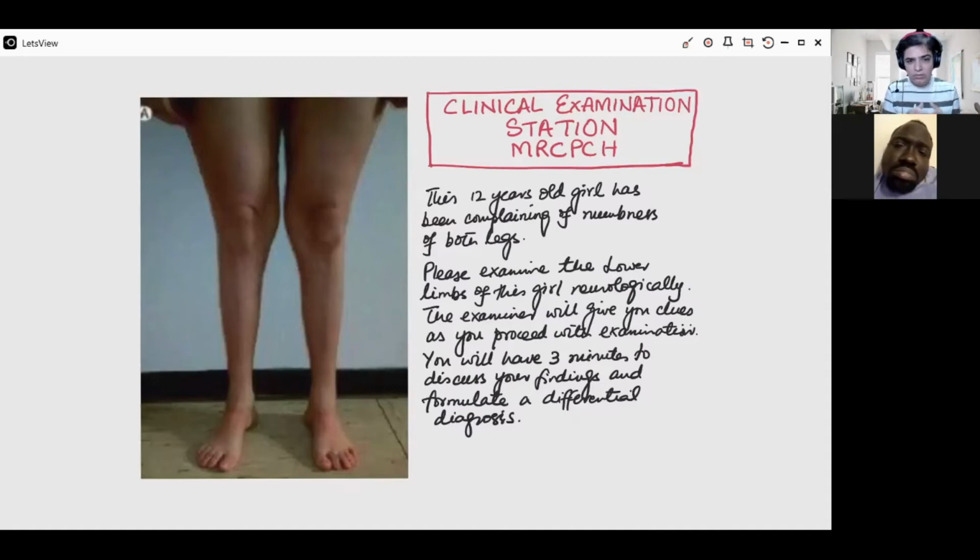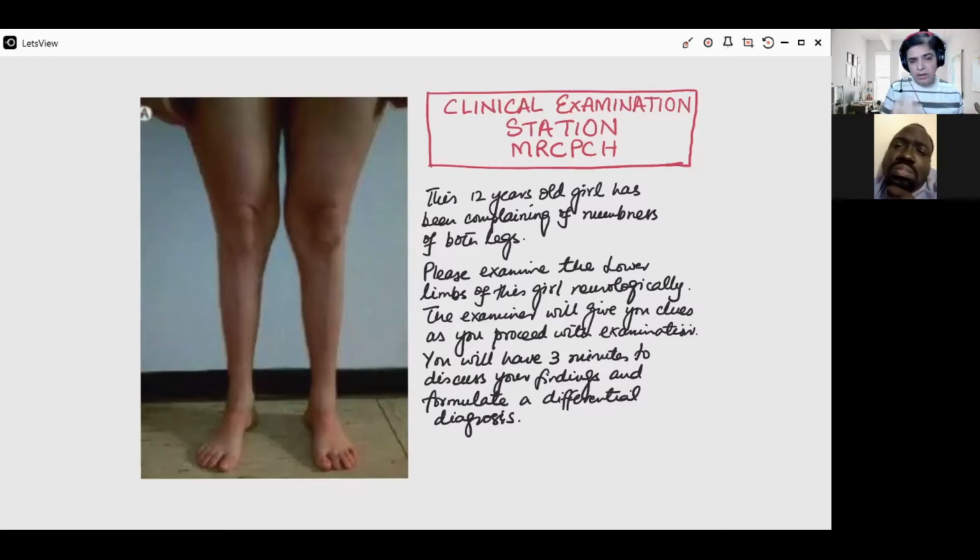Because if Romberg is positive, it simply means distal neurological reasons as compared to cerebellar reasons, in which the Romberg sign is negative. So that gives you another clue that something is wrong peripherally. It's not central, it's not at least in the brain or in the cerebellum. It's somewhere down, either in the distal part of the spinal cord or in the peripheral nerves. So that would give you another clue. You are slowly and gradually moving in that direction.